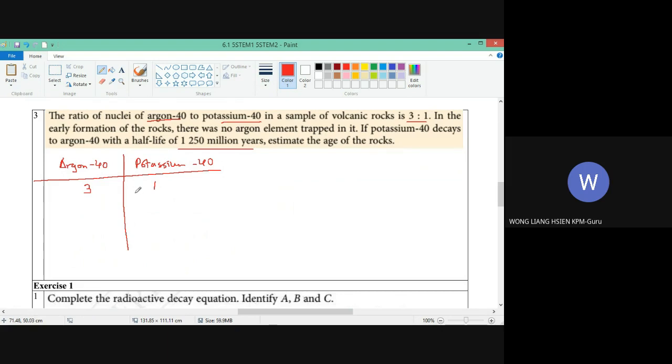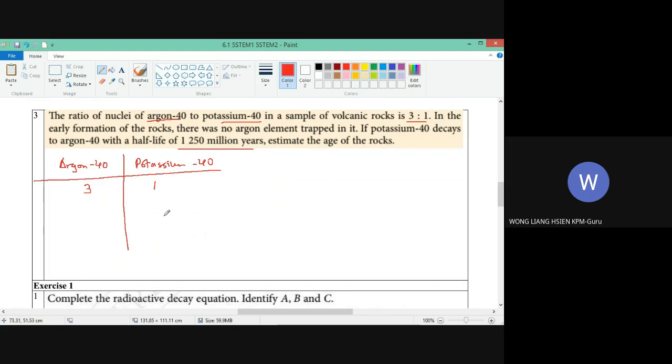Then potassium-40 will decay to become argon with a half-life of 1,250 million years. That means in 1,250 million years, half of the potassium-40 will decay and turn into argon-40. Get the idea? So how do we estimate the age of the rock?